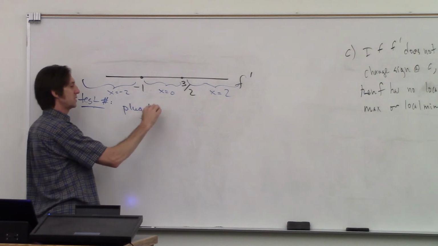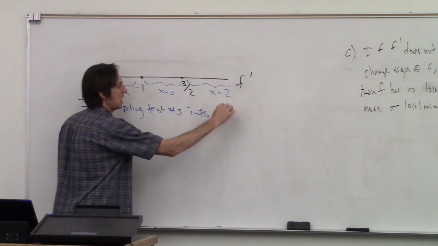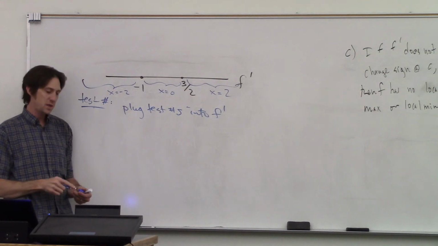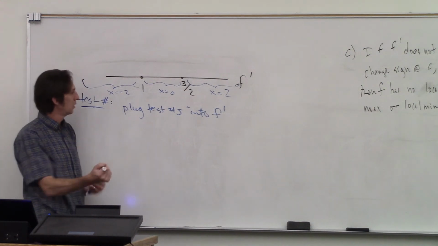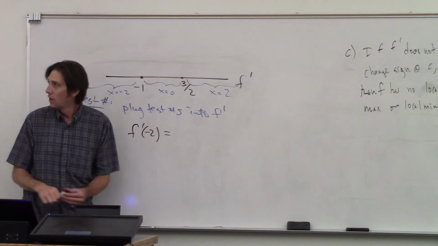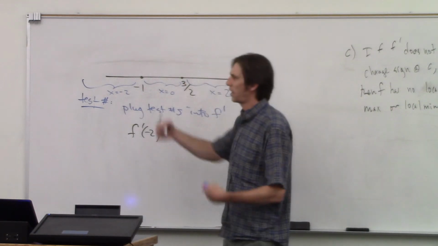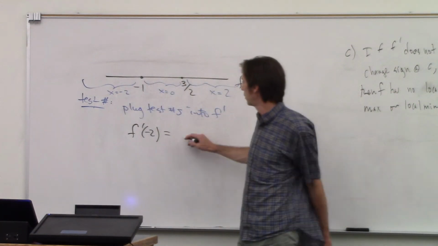I should plug the test numbers into f prime if I'm trying to find increase and decrease intervals. So, what's f prime of -2? I have a formula for f prime, and I can plug -2 into it.